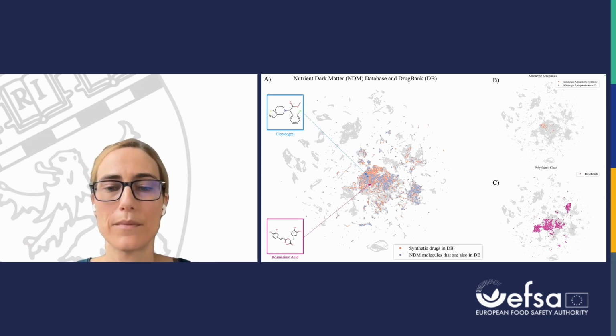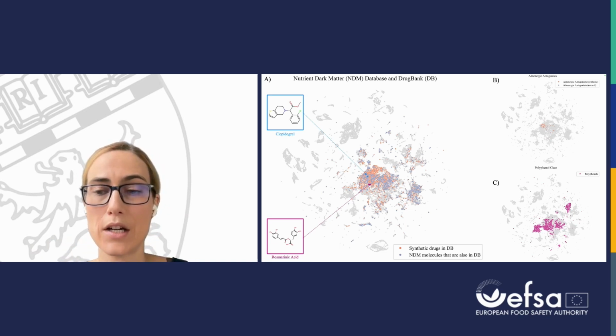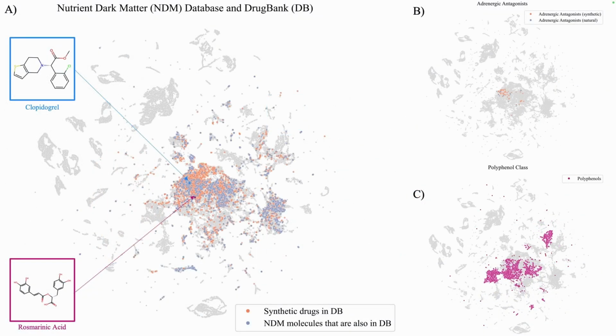So if you look into this part of the plot, compared to drug classes such as adrenergic antagonists that I'm showing here, which cluster in a well-defined region and are often developed with me-too chemistry that involves basically iterative modification of existing compounds, food molecules, so let's look in here, that have been shaped by millions of years of evolution display a higher chemical diversity, allowing them to interact with a wider array of protein targets.